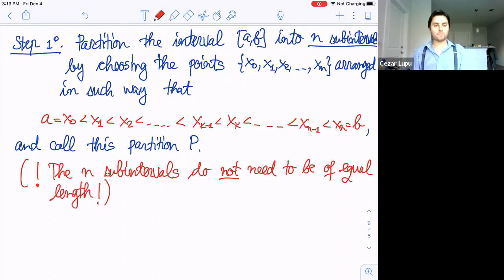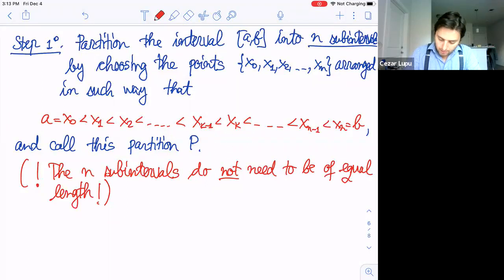This is important. So I don't need to partition into 0, 1 over n, then 1 over n, 2 over n. No, I can partition 0, 1 over n, then 1 over n, and 5 over n, or 300 over n, whatever. It doesn't really matter that much.